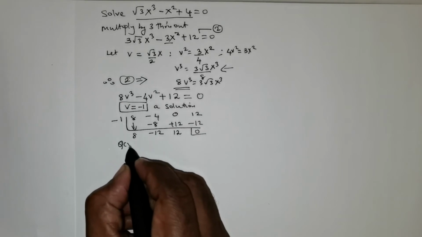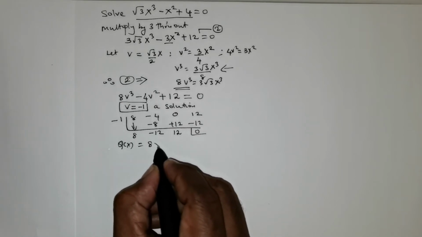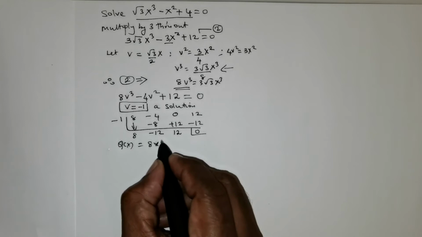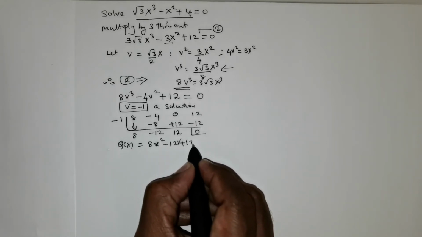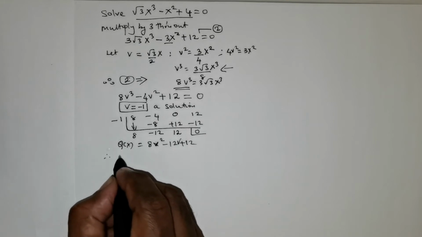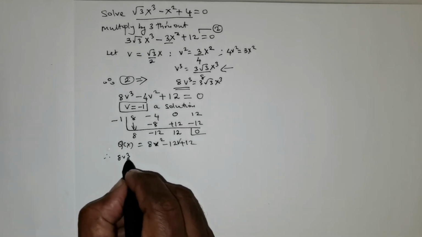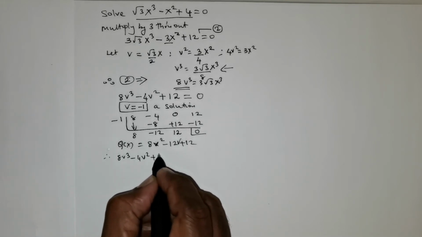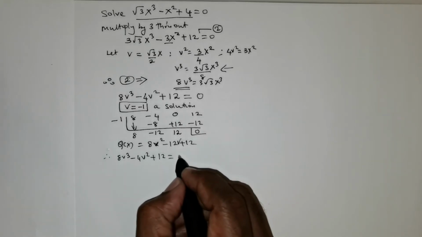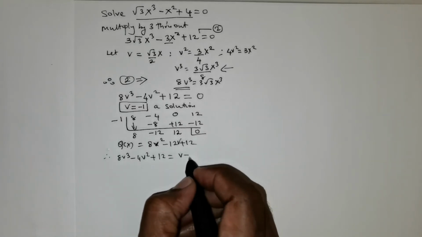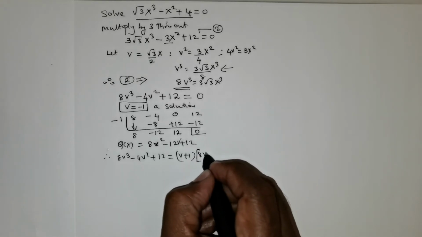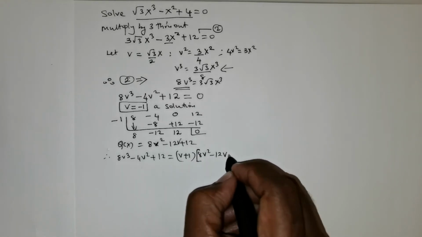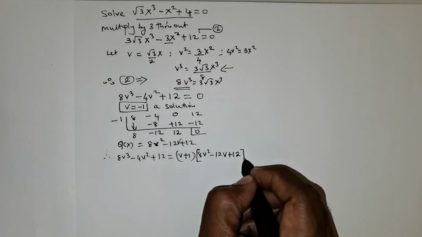So the quotient in this case is going to be 8 times v squared negative 12 v positive 12. So therefore 8 times v cubed negative 4 times v squared positive 12 is now rewritten as v positive 1 times 8 times v squared negative 12v positive 12.